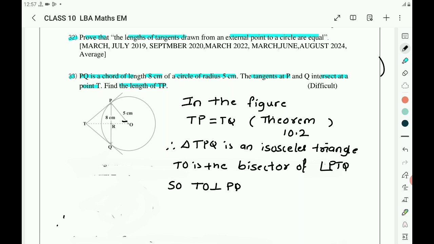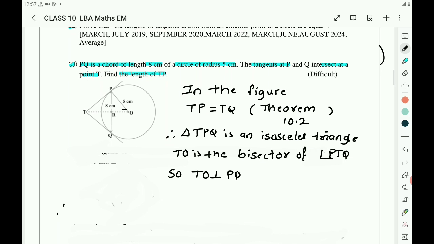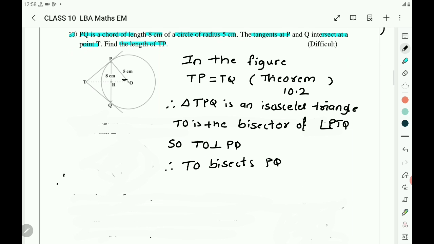A perpendicular drawn from the center to the chord bisects the chord, so you can write TO bisects PQ. Then you can write PR equals RQ equals 4 centimeter.